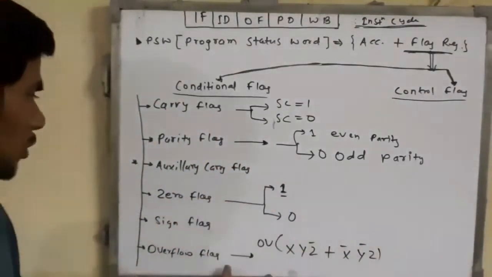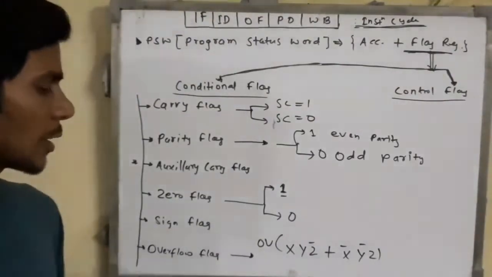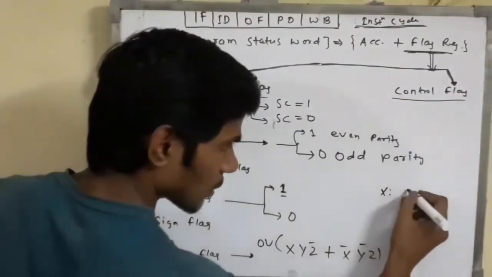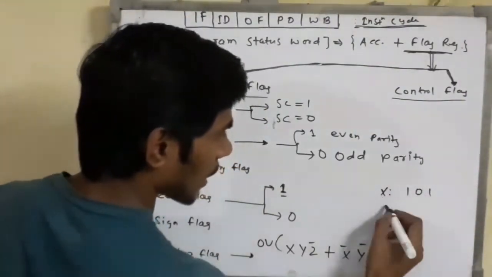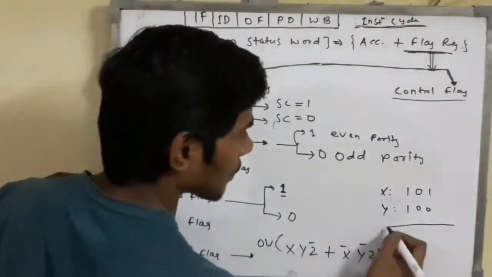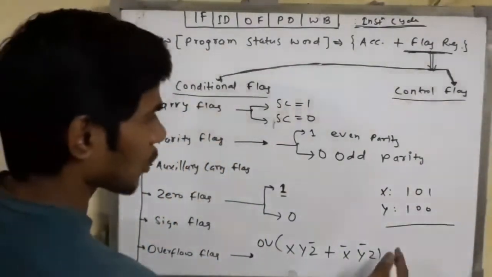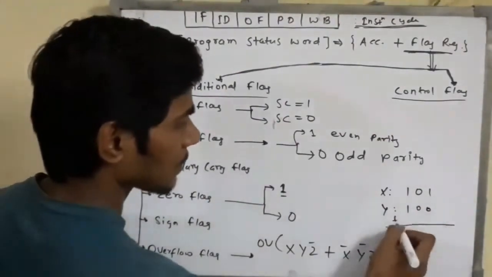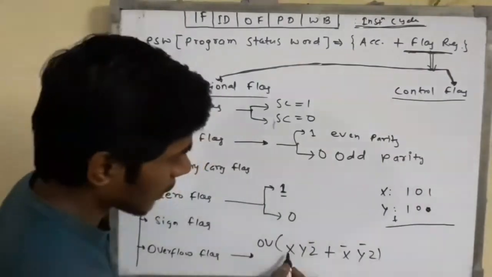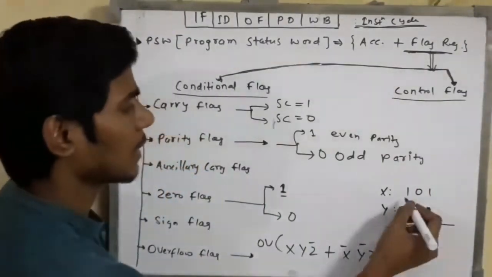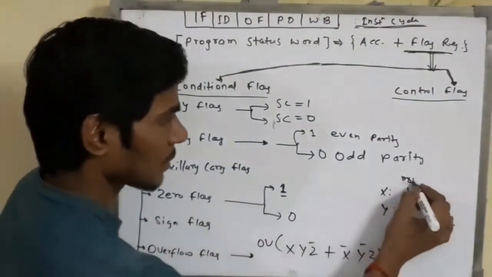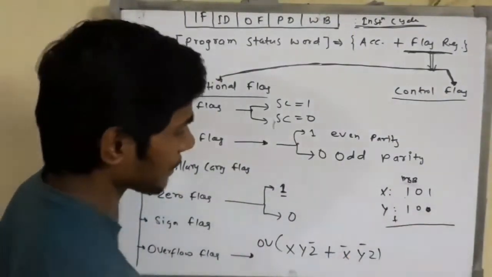We can find out the value of the overflow flag with this operation. Let's say x is 101 and y is 100. We are going to perform the operation of addition. We have to take the MSB bits of x and y.